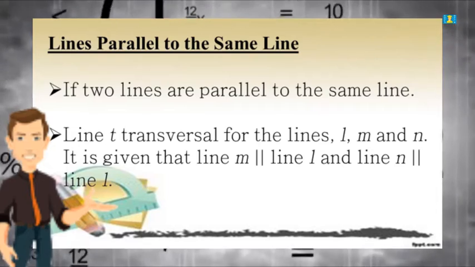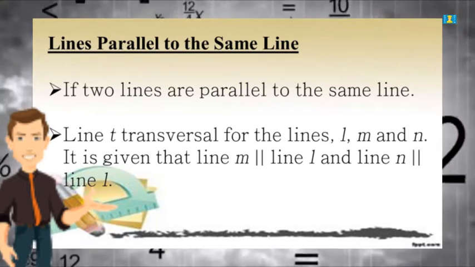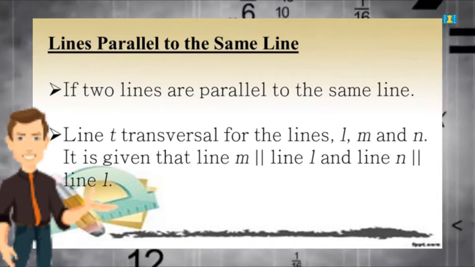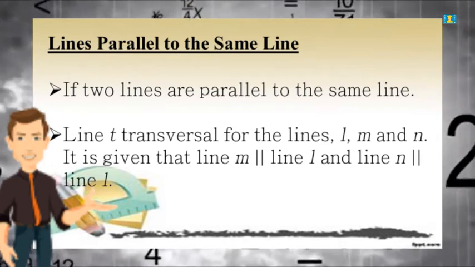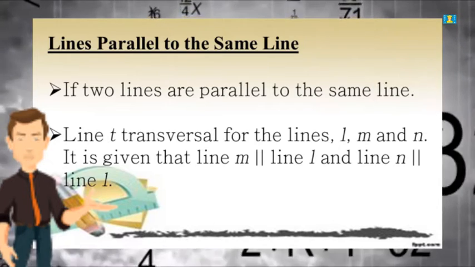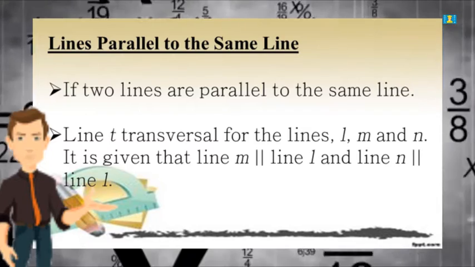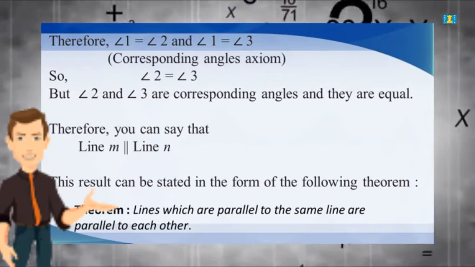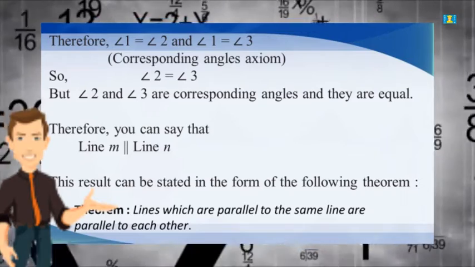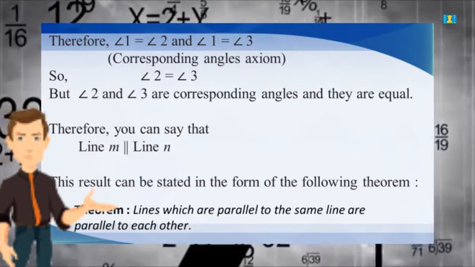Then, lines parallel to the same line. It occurs when two lines are parallel to the same line. Line T is a transversal for the lines L, M and N. It is given that line M is parallel to line L and line N is parallel to line L. Therefore, angle 1 is equal to angle 2 and angle 1 is equal to angle 3 because of the corresponding angles axiom.